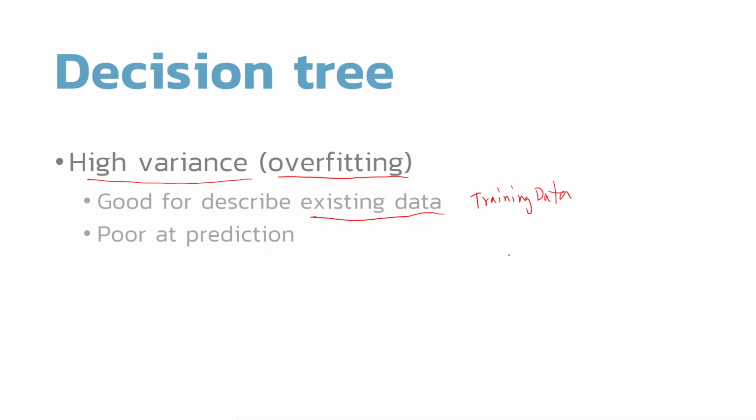To illustrate this, I want to show you a drawing of the decision line. Think about this as the decision line for the iris data that we looked at previously. This might be petal width, petal length, or something like that. The decision line that this decision tree might create can be something like this. If you let the max depth equal to none, then it might create a very complex shape for your decision line.